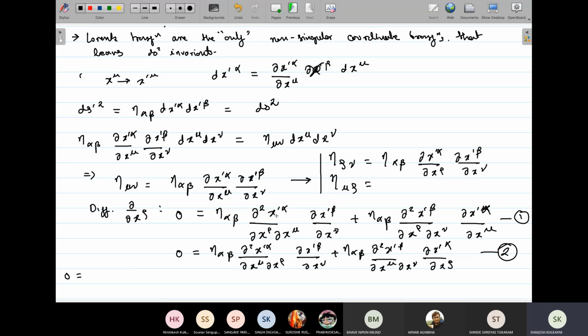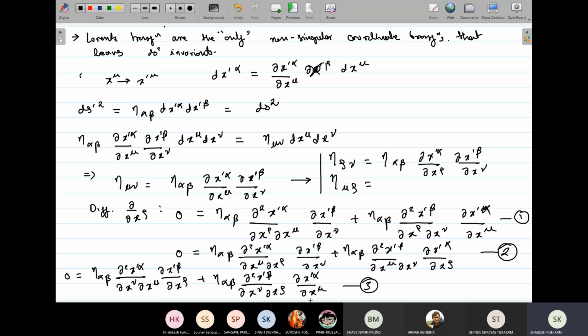So 0 equal to, I have to interchange here. Okay, so eta alpha beta del 2 x prime alpha by del x nu del x mu del x prime beta by del x rho, plus eta alpha beta del 2 x prime beta by del x nu del x rho del x prime alpha by del x mu. So this is my third.